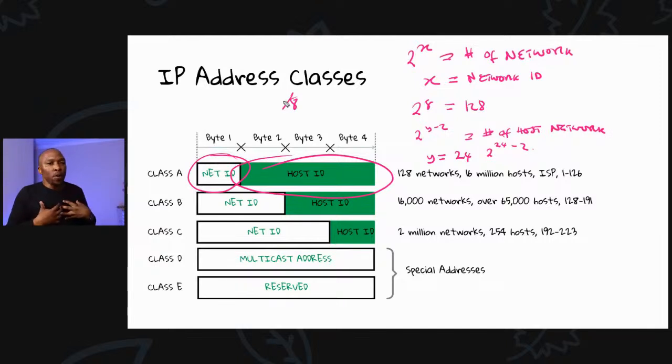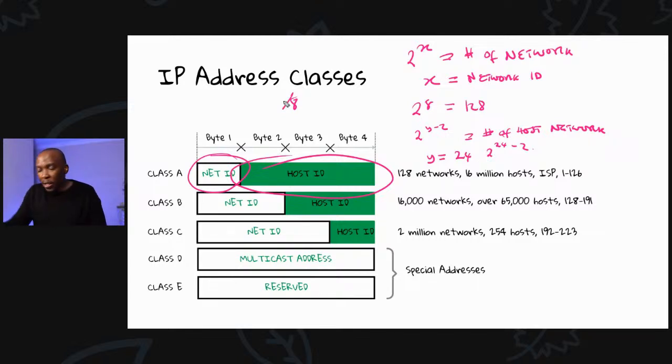Because for you and I to go onto the internet, we need an internet routable IP address. So the ISP would get the bigger block, and then they would subnet into smaller blocks, and sell those to individuals.